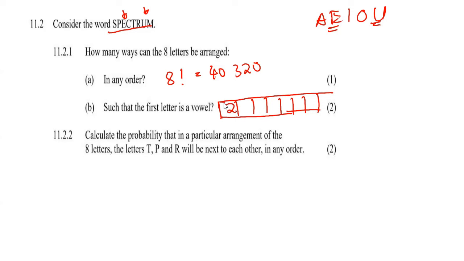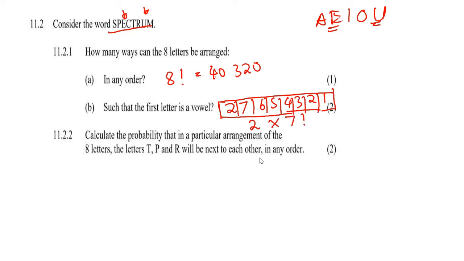So there's a sample space of 2 for the first position. And then we can fill in the rest of the positions in 7 factorial ways. So that's 7, 6, 5, 4, 3, 2, 1, right? So that's supposed to be 2 multiplied by 7 factorial, right?